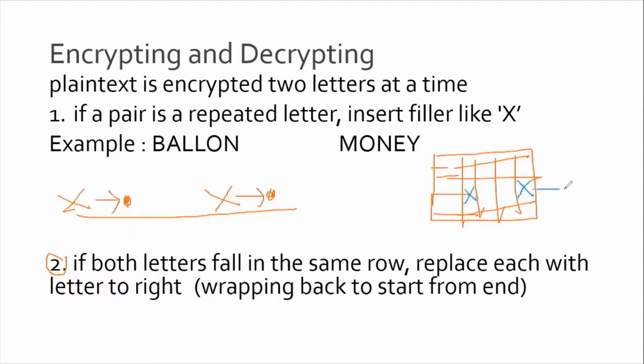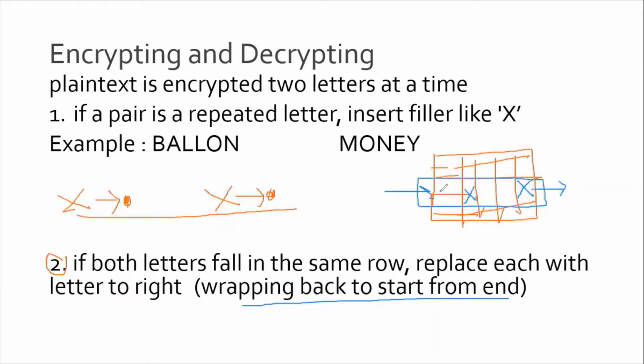So at the right, there is no character because the matrix is ended. So what we will write, they have said that we have to wrap back to the start. That means we have to wrap it to the start. So this complete row will actually rotate like a shift function.